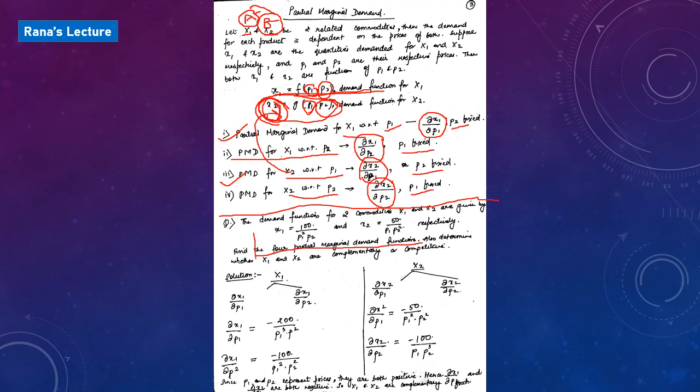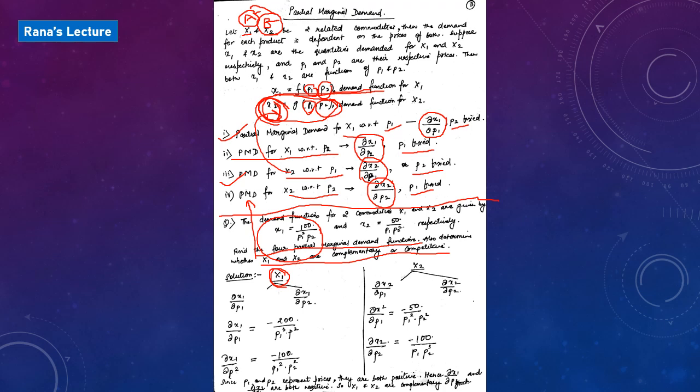This portion, what we did just now, right? Also determine whether X1 and X2 are complementary or competitive good. That also we did just now, right? It means we have to find out the partial derivatives four times. This is the function. This is the commodity X1, right? This function will be differentiated twice.